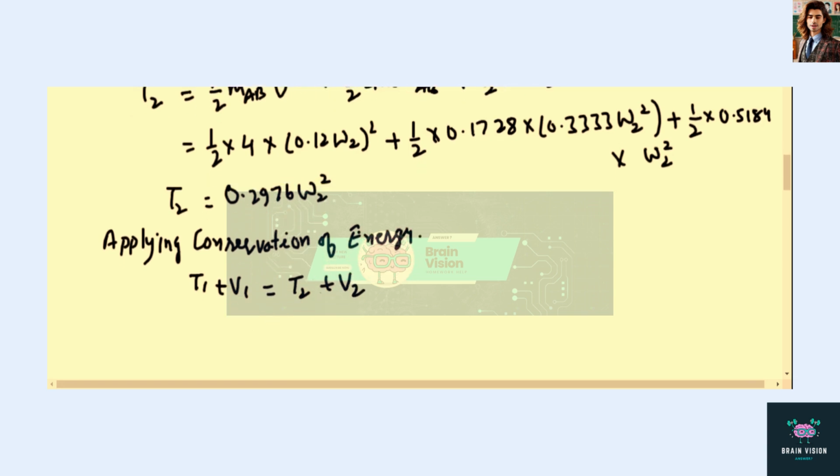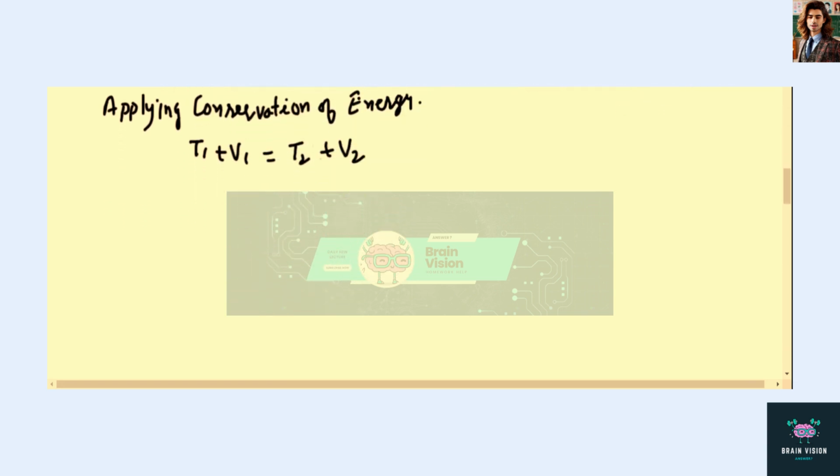Substituting the value, initial kinetic energy is 0.3744 into omega 1 square. Potential energy is 13.3185.